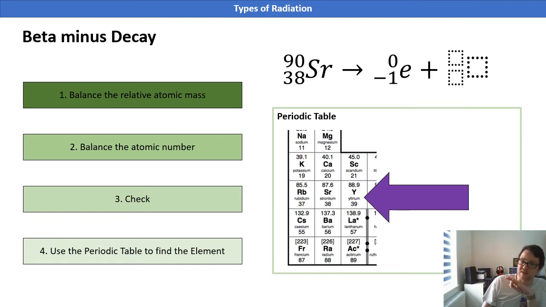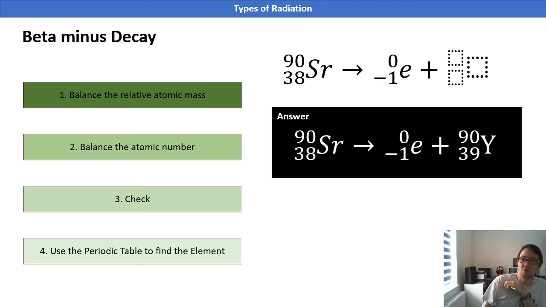And we'll find it's this Y, which is yttrium, because we have the atomic number of 39 at the bottom. So on the final step here, we will write down the answer, which is yttrium-90, and it's got 39 protons.